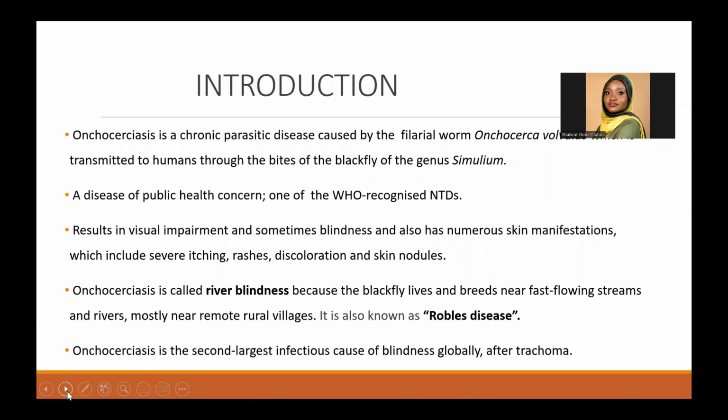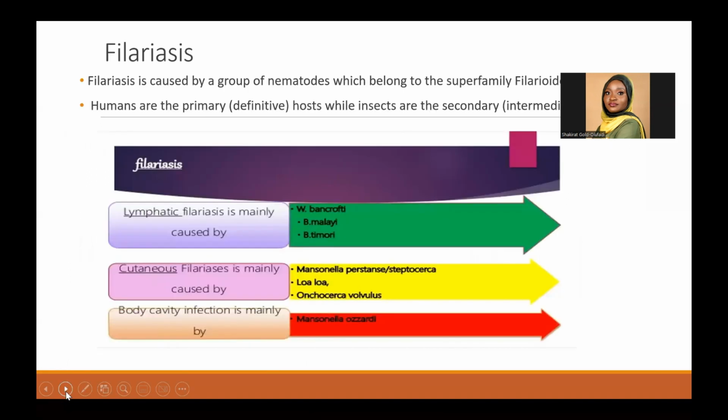So riverine areas are usually the areas that have high prevalence of onchocerciasis, and these are usually rural riverine areas. It's also known as Robles' disease, after one of the scientists that discovered it. And it's the second largest cause of blindness globally after trachoma.